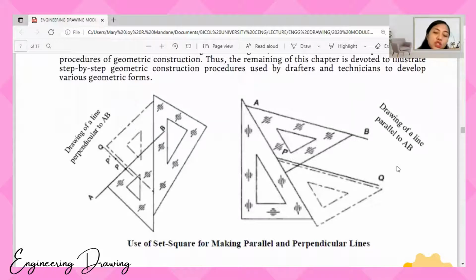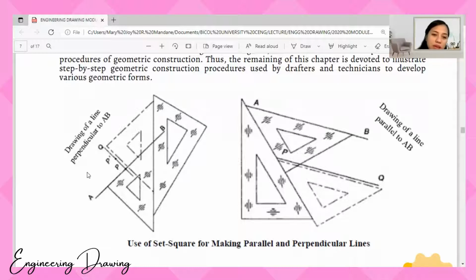As you can see, you need to draw a line perpendicular to AB. This is AB, the infinite line, and you need to draw the perpendicular to A and B. So, ito yung position of your triangles, the 30, 60, 90, and the 45 by 45. Okay?